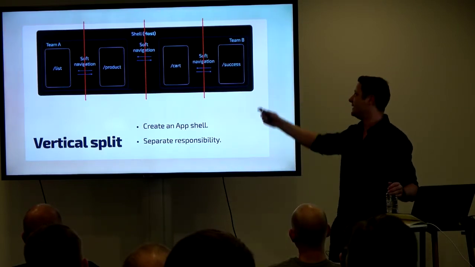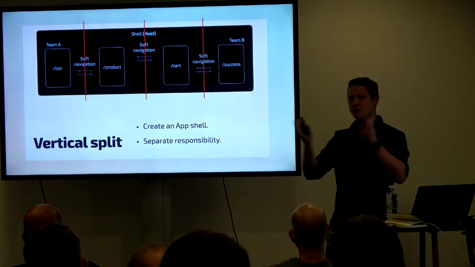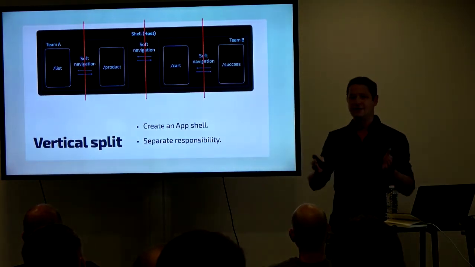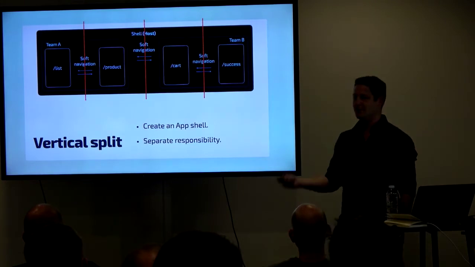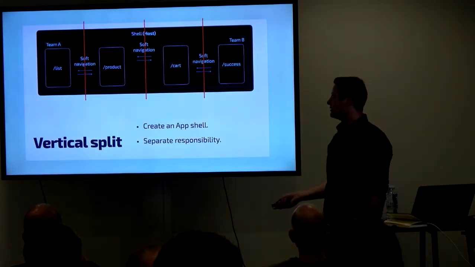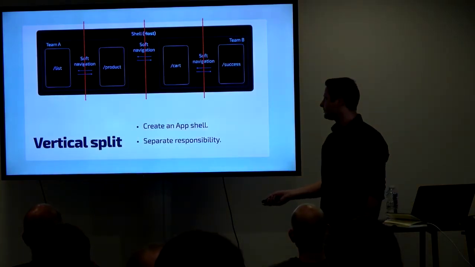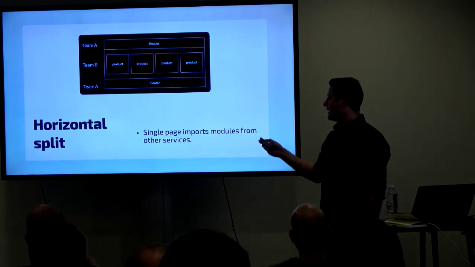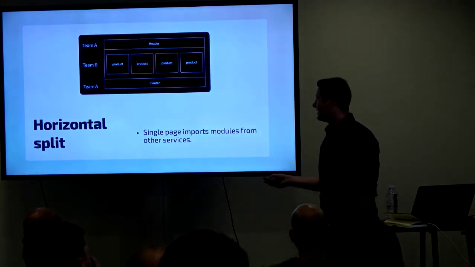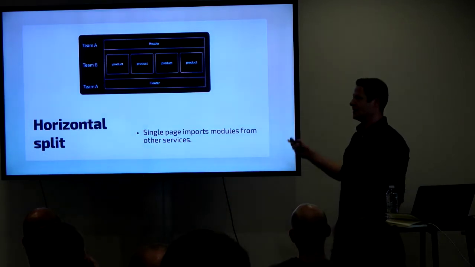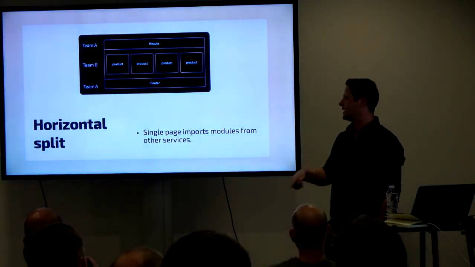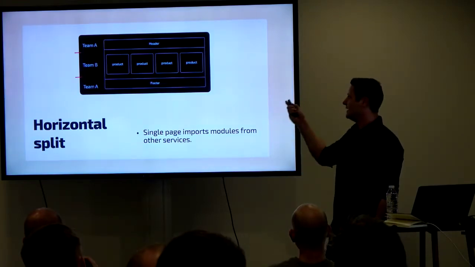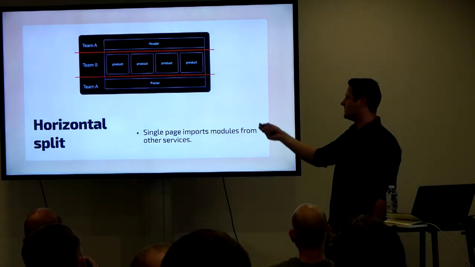You can have a shell application that can do routing between the different parts of the application, and that way you can try to solve some of the complexity by splitting it out into smaller pieces. A horizontal split is pretty much the same thing, but instead of having this shell application, you can draw some horizontal lines.